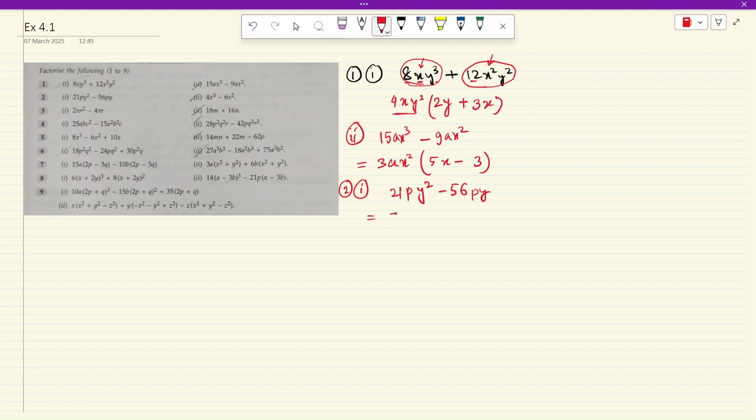So we will take 7 as common, 7py, 3y minus 8. Then four x cube minus 6x square. We can take common as 2, and then in case of x we will take the one which is having the lowest power. So this will be x square, this becomes 2x minus 3.